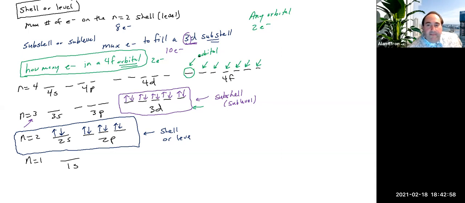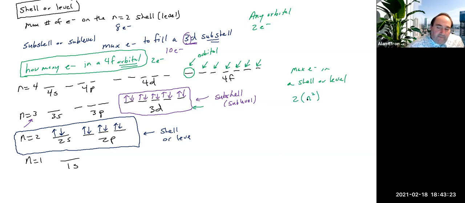Sometimes you may want to figure out how many total electrons there are in a shell or level. If you want to know the max electrons in a shell or level, you could use this formula: 2n squared.